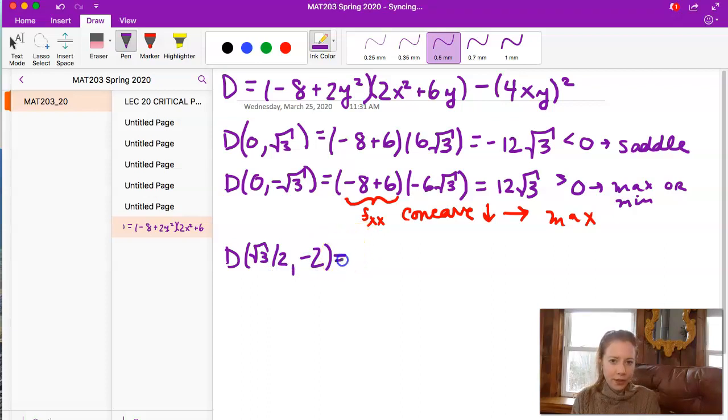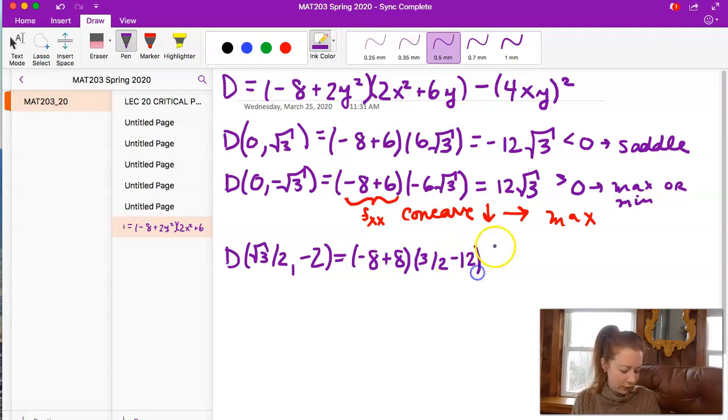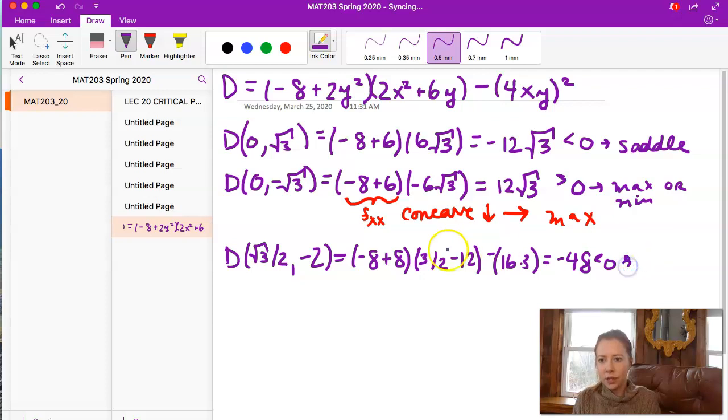Okay, and so this is going to give us minus 8 plus 8 times 3 over 2 minus 12 minus 16 times 3. And this is going to give us minus 48. Okay, which is less than 0. So we have a saddle point.